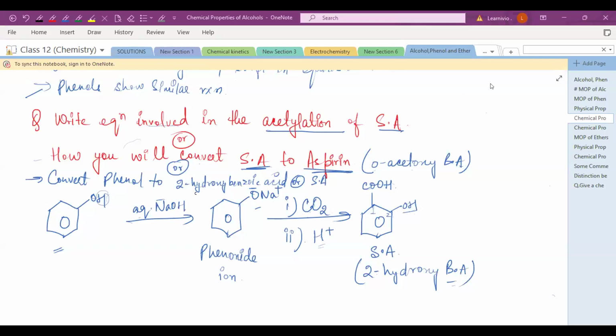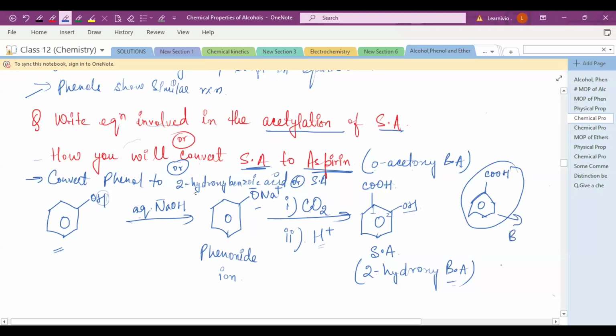Ma'am, what is it? 2-hydroxybenzoic acid. You can write the whole name, otherwise you will get confused. Benzoic acid is this structure. This is a benzene, and if COOH is attached to the benzene, this whole molecule is known as benzoic acid, right?